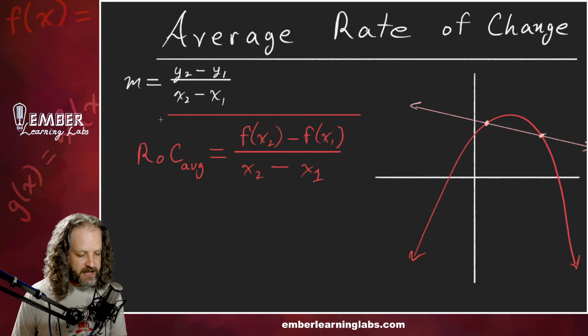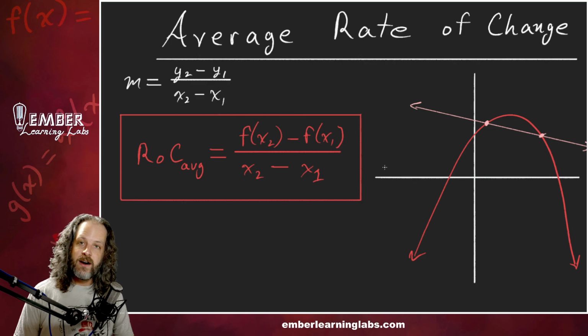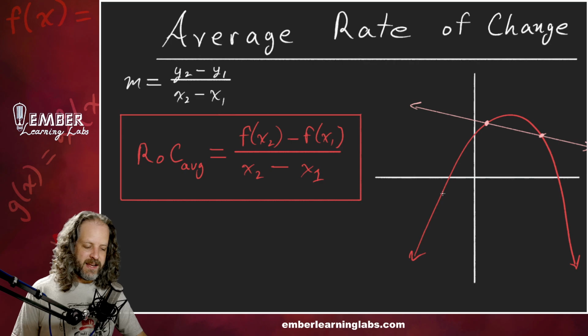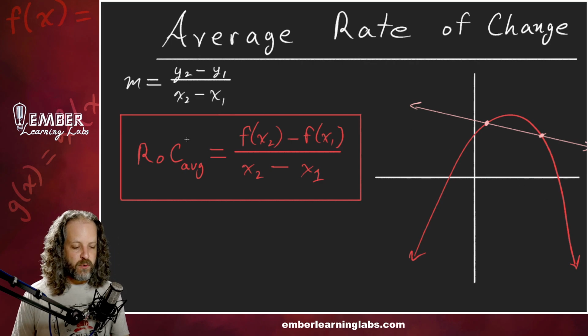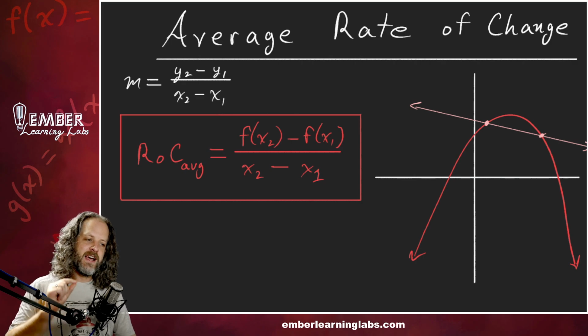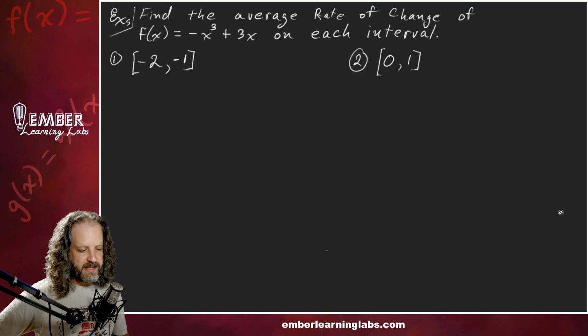You could say this formula is actually the same as the slope formula. It's just that the function isn't quite so simple, so we have to get more specific. Let's do an example or two to make sure we understand what's happening, and then we'll be through with this lesson. So we want to find the average rate of change of this function.